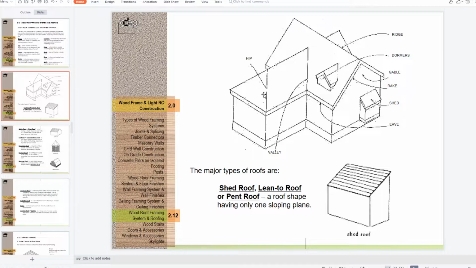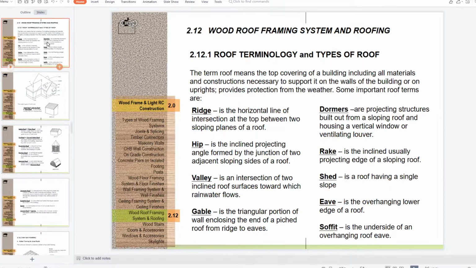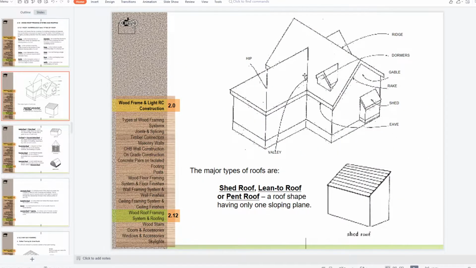Pero ang hip niya, 45 degrees na siya. So amo siya ang hip. Then the next is the valley. So is the intersection of two inclined roof face surfaces toward which rainwater flows. So dira na dagagi ang rainwater, amo ang valley naton.